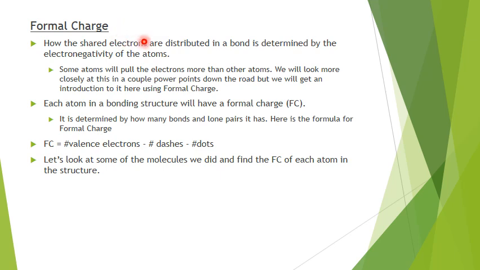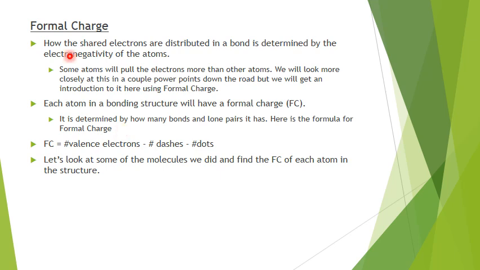All right. Next thing we want to take a look at is something called formal charge. It's just a short little math calculation, and it's not quantitative in terms of units. It's just a way to get an idea of how electrons might be distributed on the atoms in a molecule.